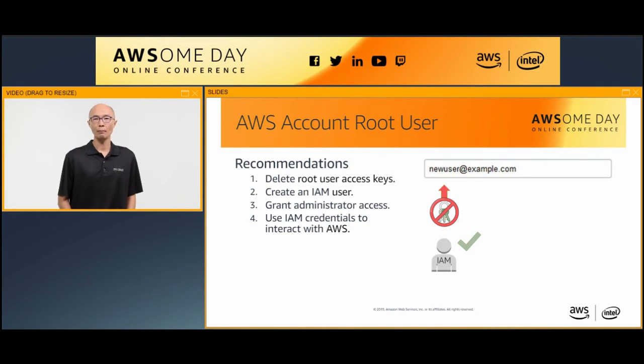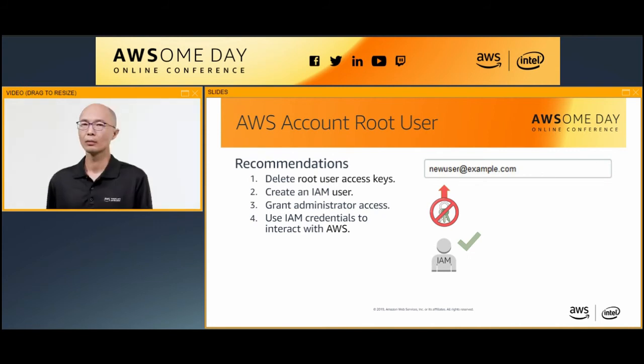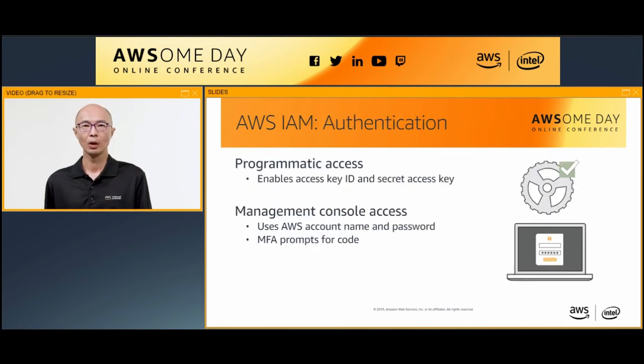If you require administrator-level permissions, create an IAM user, grant that user full administrator access, and then use those credentials to interact with AWS. If you need to modify or revoke your permissions, you can delete or modify the policies that are associated with that IAM user.